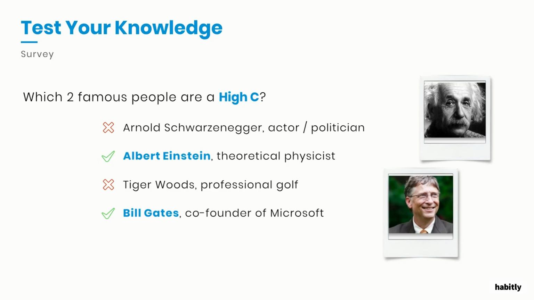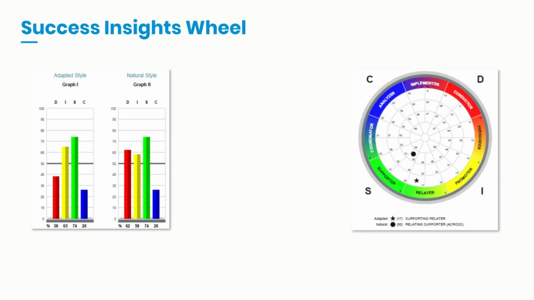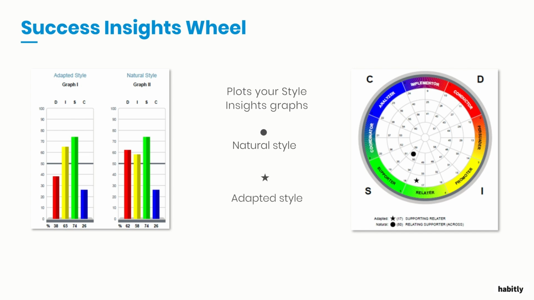Now, in our reports, there is also a Success Insights wheel. That's on the right side there. This plots what we talked about earlier, those two vertical graphs, the natural style and the adapted style. The natural is a dot, the adapted is a star, and we want those pretty close together.